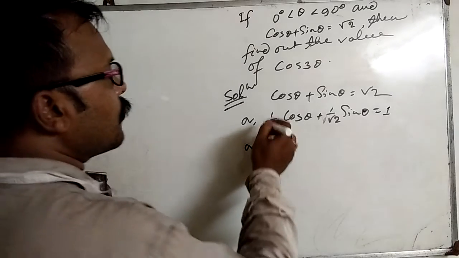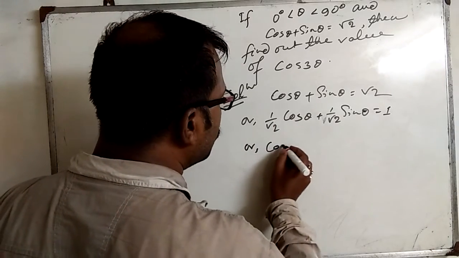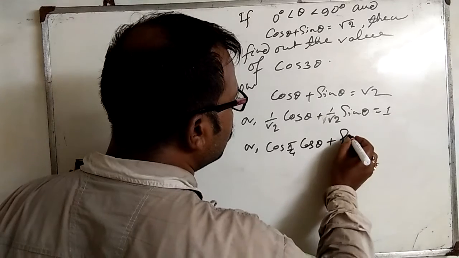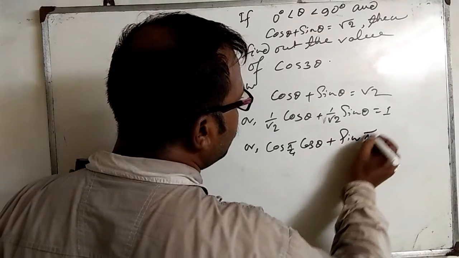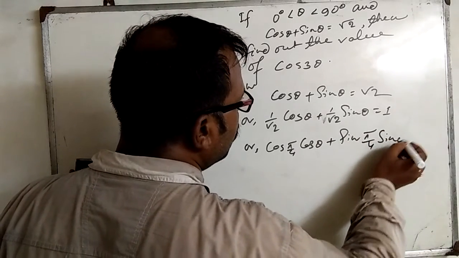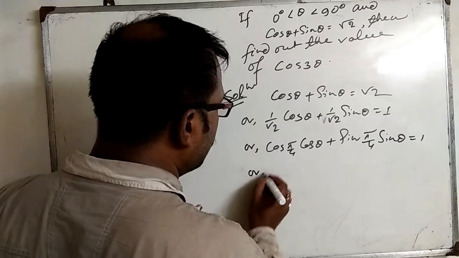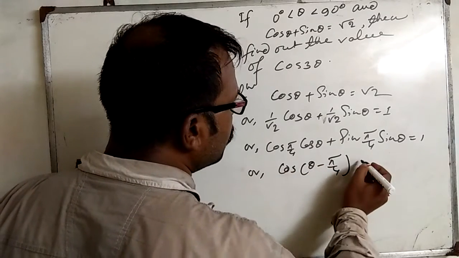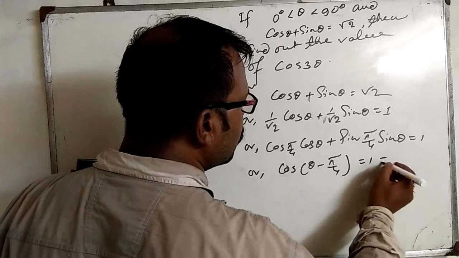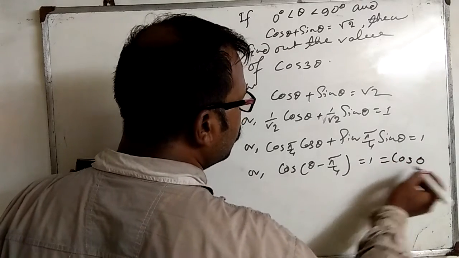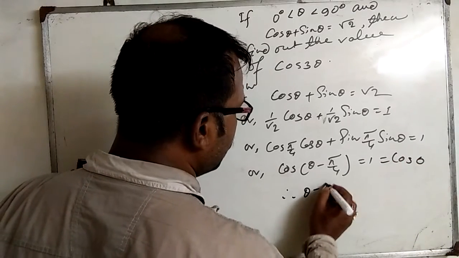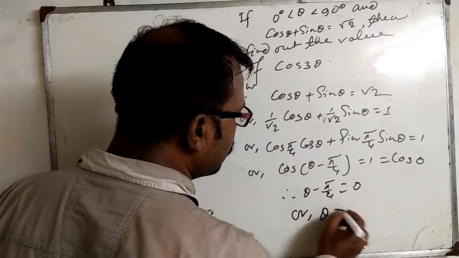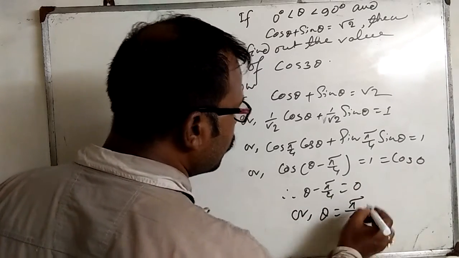Or we can write 1 by root 2 equals cos pi by 4 for cos theta, and we can write 1 by root 2 equals sin pi by 4 for sin theta, equals 1, or cos of theta minus pi by 4 equals 1. So that is equal to cos 0. Therefore theta minus pi by 4 equals 0, or theta equals pi by 4.